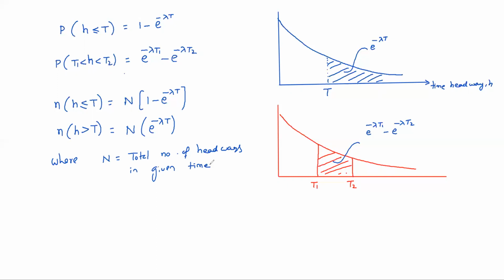Small n equal to number of headways in the given range. I will explain you.